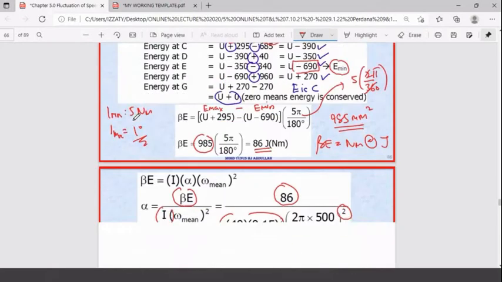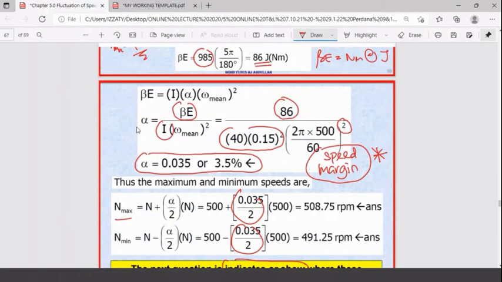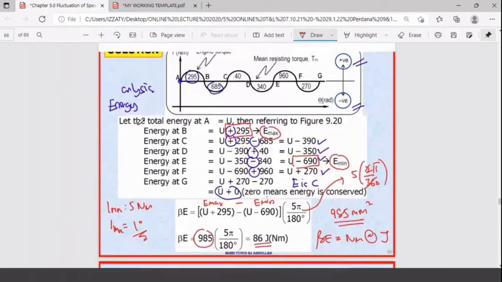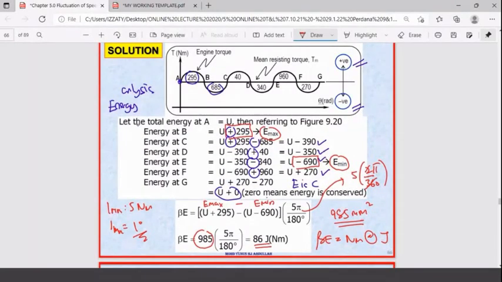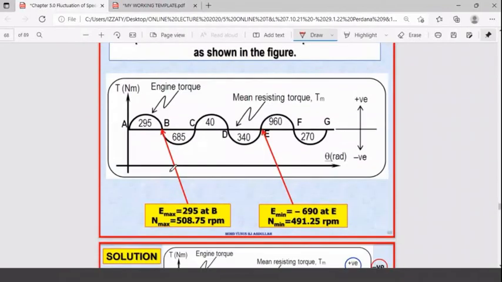You want to find just now, the maximum will fall at B and the minimum will fall at E. So this one is the maximum and this one is the minimum, for both energy and speeds.